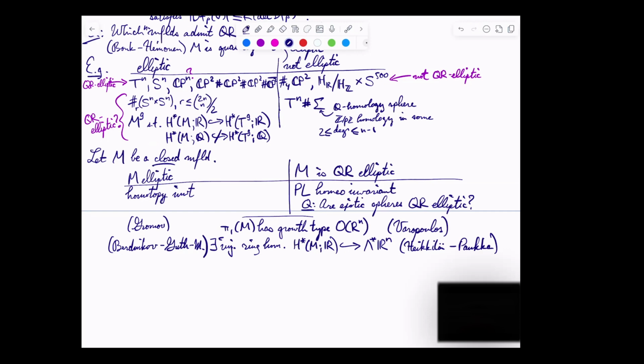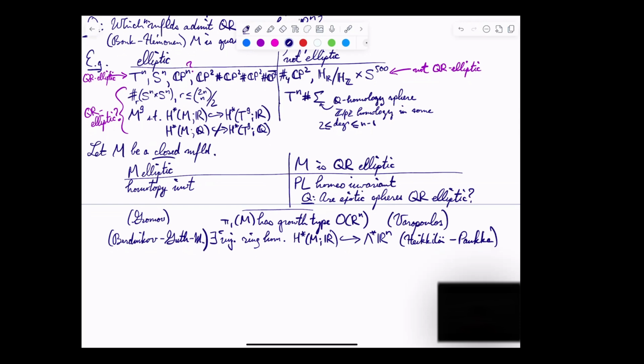So I got in touch with Eden, and we started working on proving the same theorem that Heikkilä and Pankka were already working on. Luckily, since this is a big part of Heikkilä's thesis, they beat us. So this is 22 and this is 23.